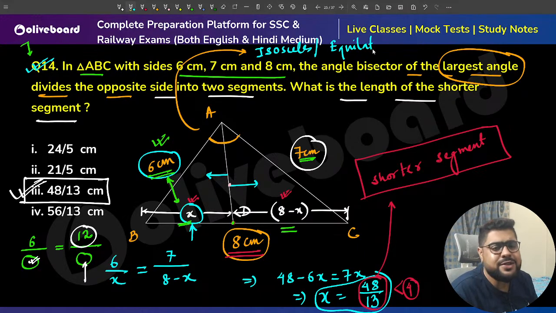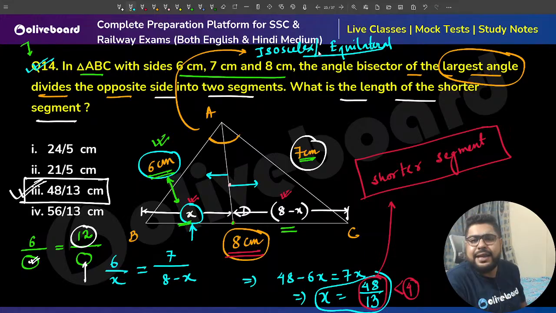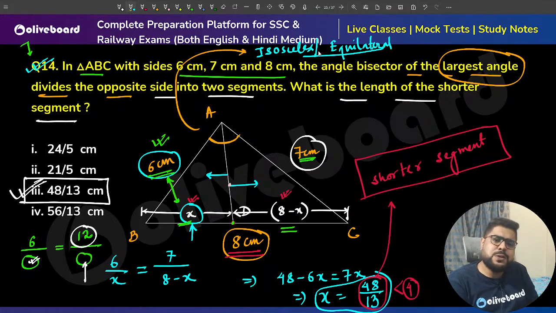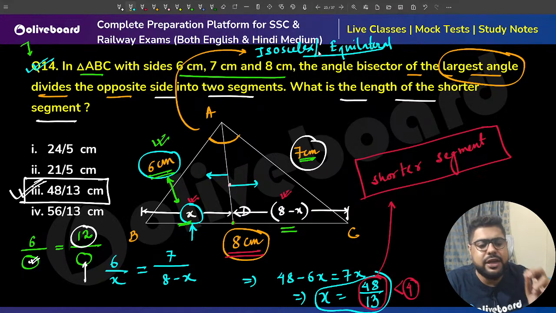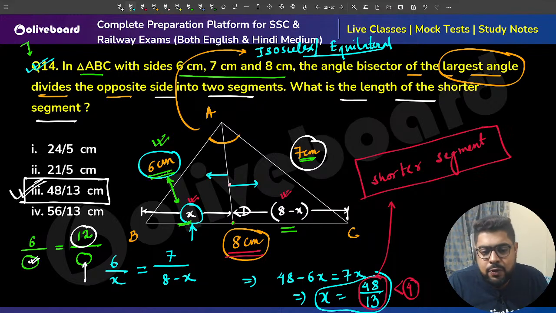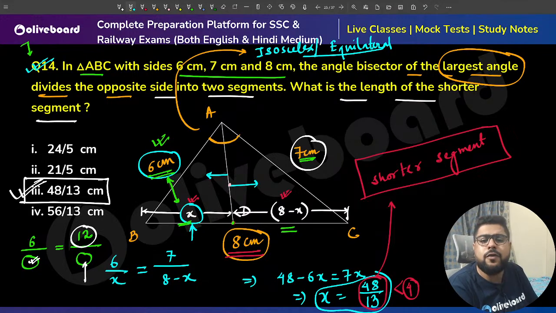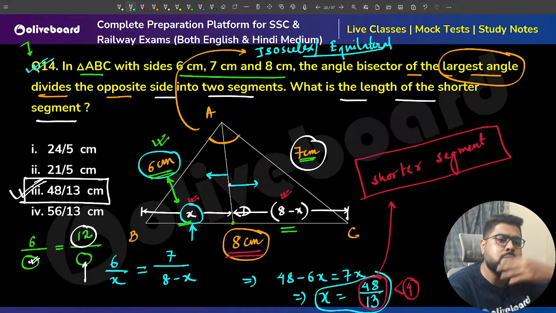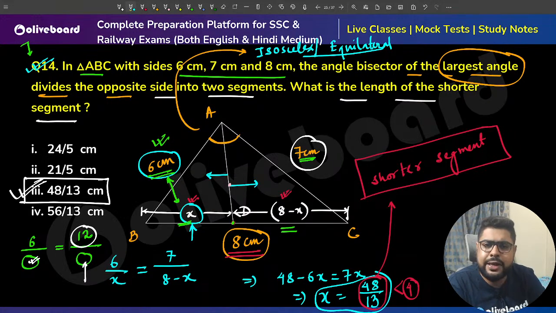Mostly they give isosceles; equilateral becomes very easy. Some extra information will be given to you. With this data you cannot find the length of AD directly. There is no set formula; you need to solve a few concepts, and only then can you get to that.